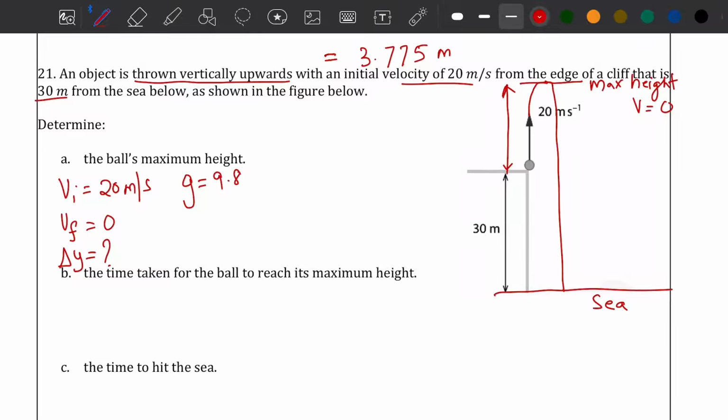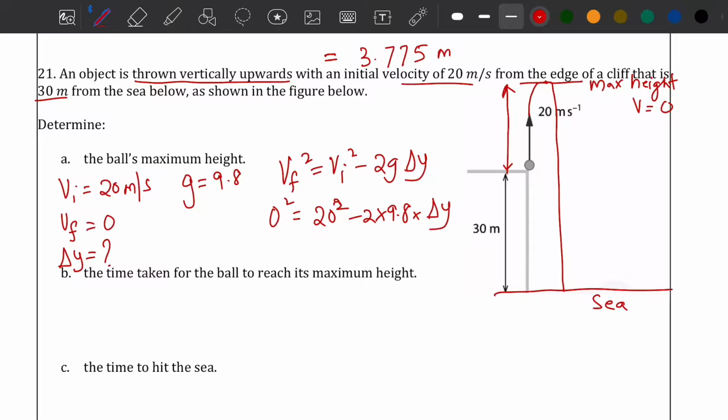We can use the equation Vf square equal Vi square minus 2g delta Y. 0 square equal 20 square minus 2 times 9.8 times delta Y, which is going to give us the value of delta Y as 20.4 meter.